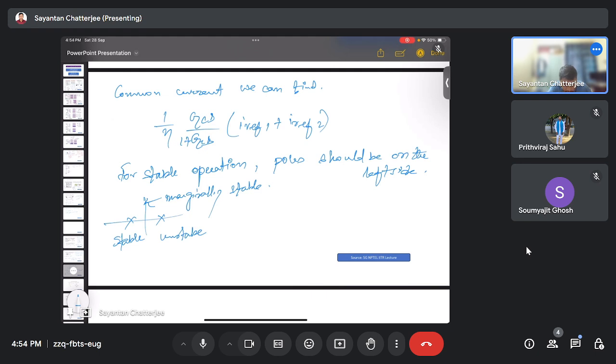Okay. So we need to check that between this interactive and common current, the poles should never go to the right hand side, should always be on the left hand side. Okay.